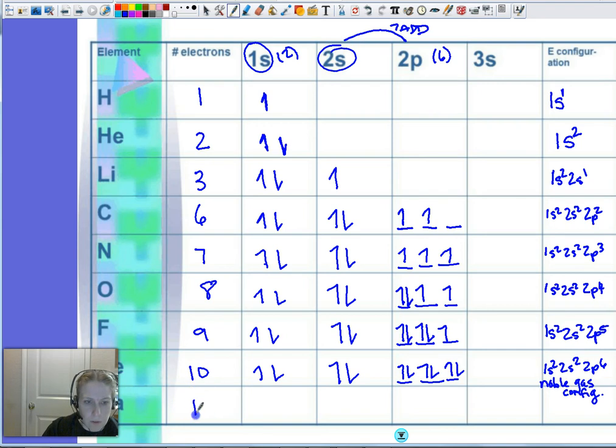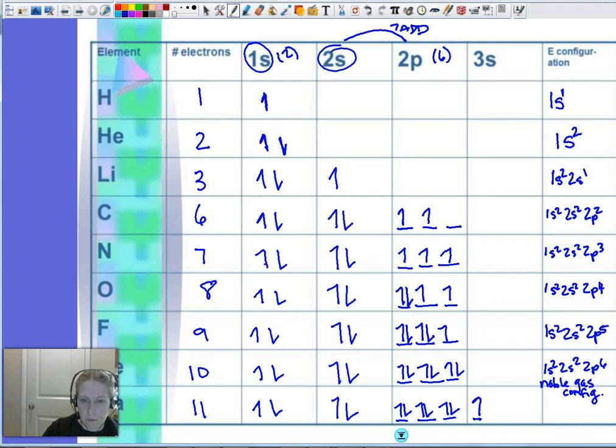And sodium, we'll do one more. We have 11. So we're going to have 1, 2, 3, 4, 5, 6, 7, 8, 9, 10. And now, since we still have more, we have to go up to the next level and start back at our 3s.